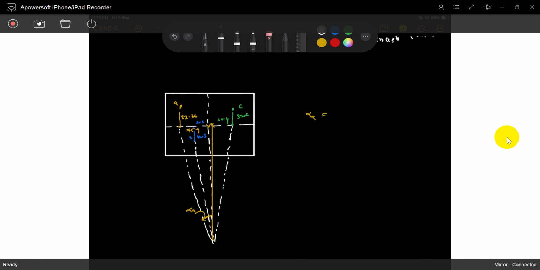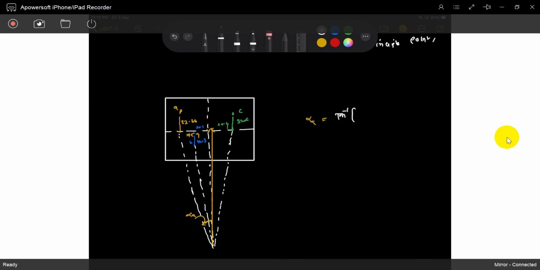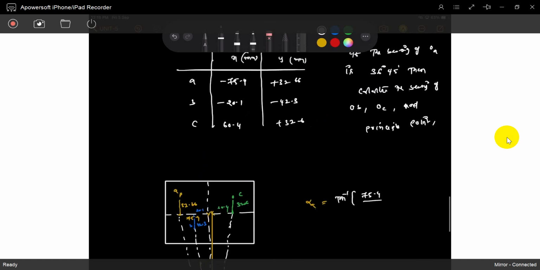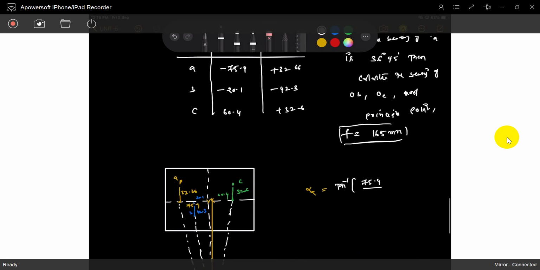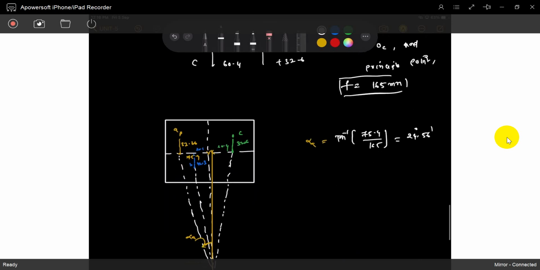Alpha A is tan inverse of that distance for A, 75.4, divided by the focal length. I missed the focal length, so take a focal length of 165 mm. What is that angle? That angle is 24.56, 24 degrees 56 minutes. That is alpha A.